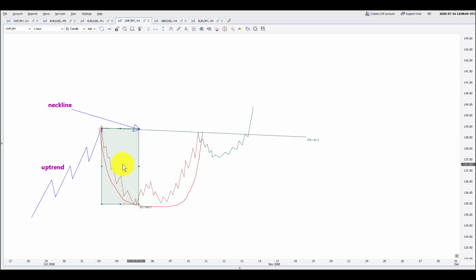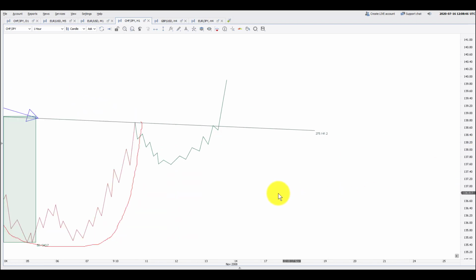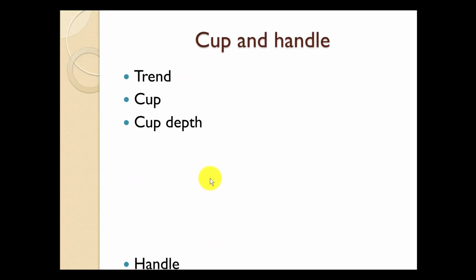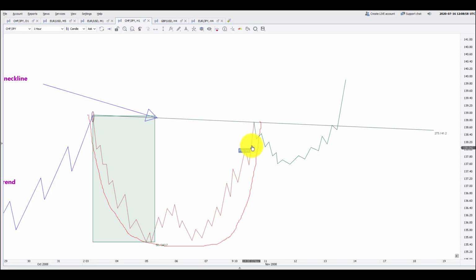I have kept it in the form of a rectangle here on the chart, but also notice that we have some rules regarding the depth of the cup, which I will tell you later. Then there is a handle that we have to see. Well, that handle we have seen is forming like this.